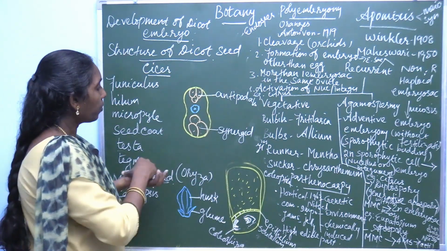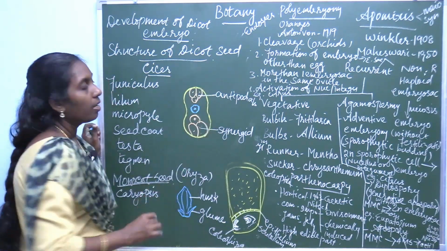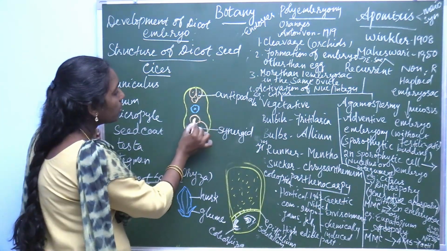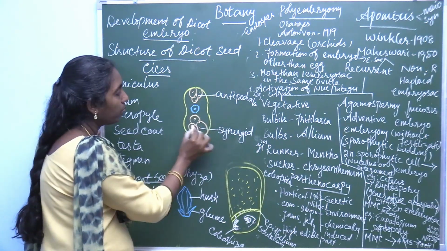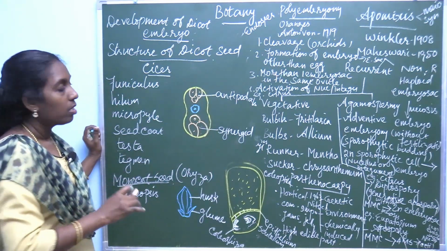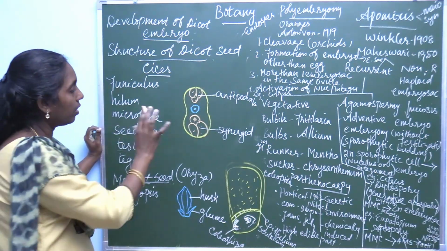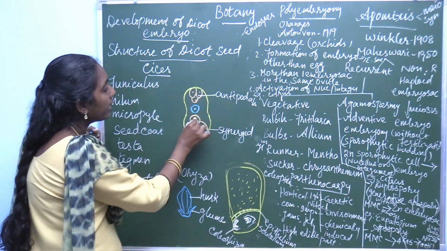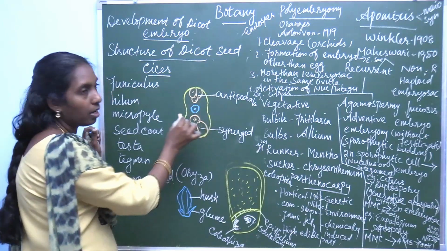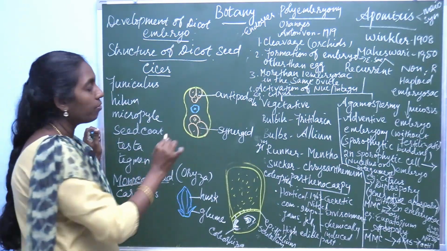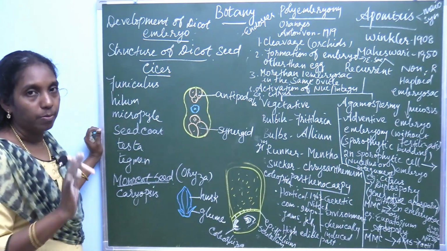In the normal fertilization process, the male gamete fuses with the egg and forms the embryo. But here syngamy, the fusion of the male gamete with the egg, is absent.